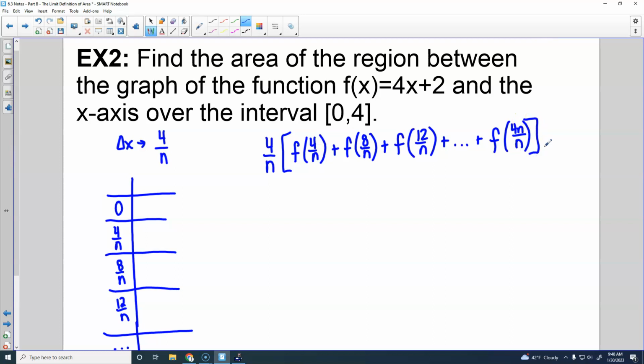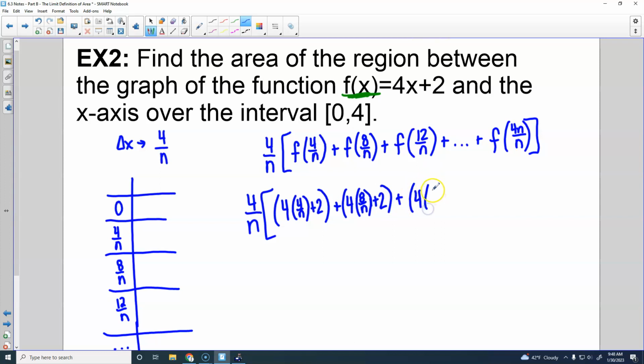Plugged into the function we're given, it's going to look like this: 4 times 4 over n plus 2, plus 4 times 8 over n plus 2, plus 4 times 12 over n plus 2, plus dot dot dot plus 4 times 4n over n plus 2.